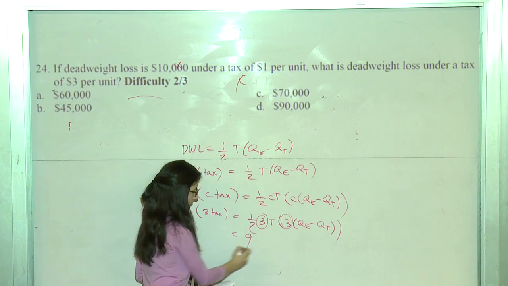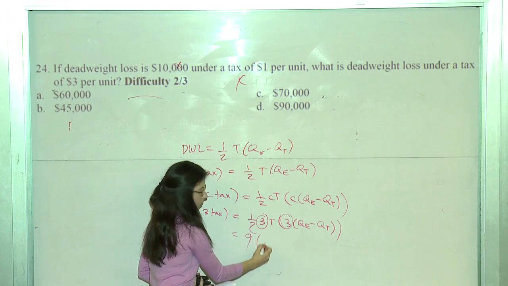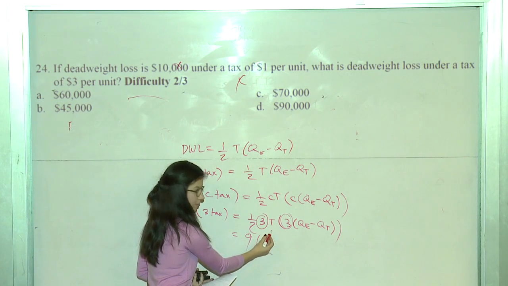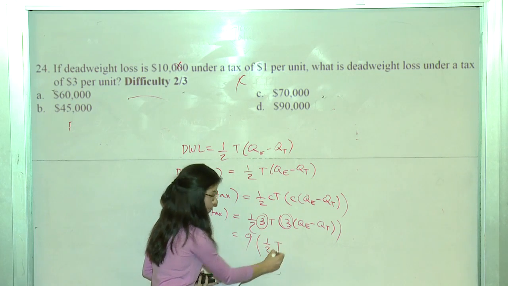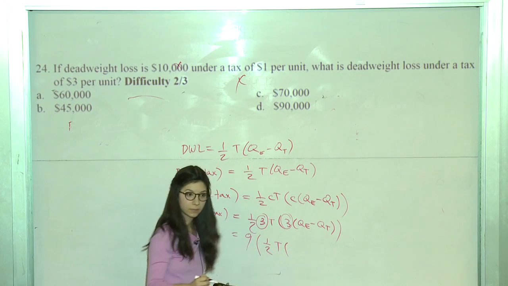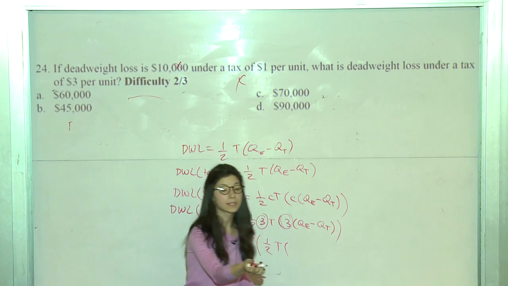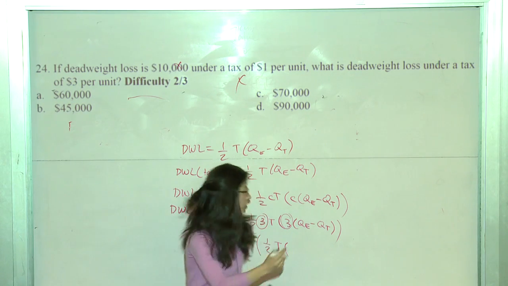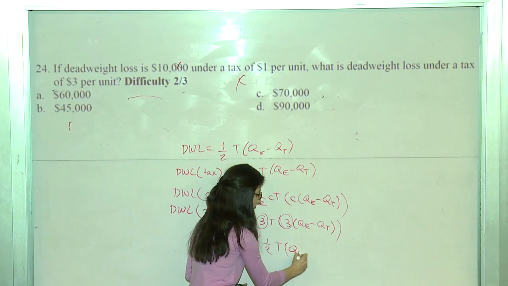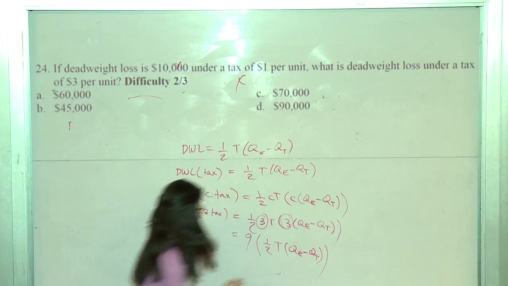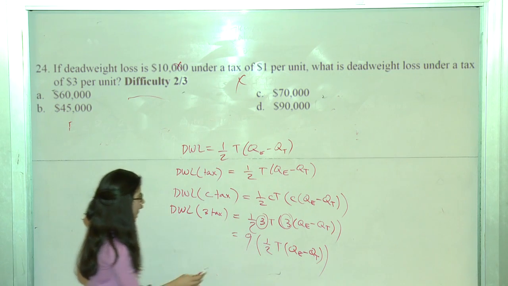I have 9 times 1/2 T times QE minus QT, right? I factored out this 3. And what do we see here?